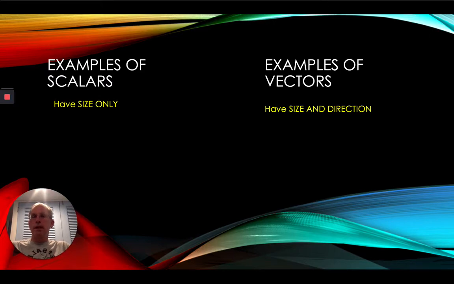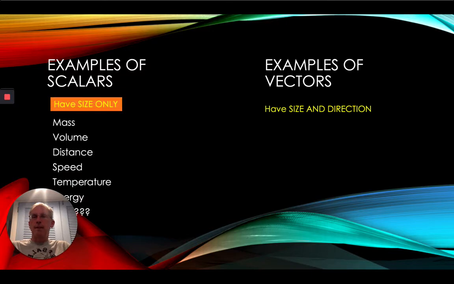So let's look at some examples. Scalars have size only. And some examples are like mass. So if you're asked to get 5 grams of something, you don't worry about, like, is that 5 grams to the north? Like, there's no direction involved. Volume, distance, speed, temperature.